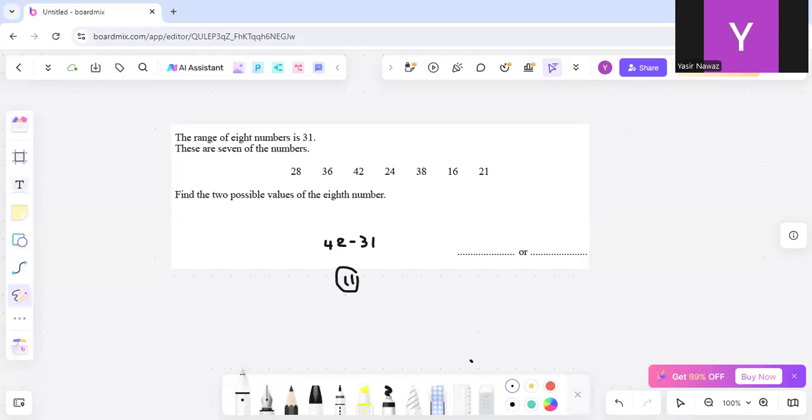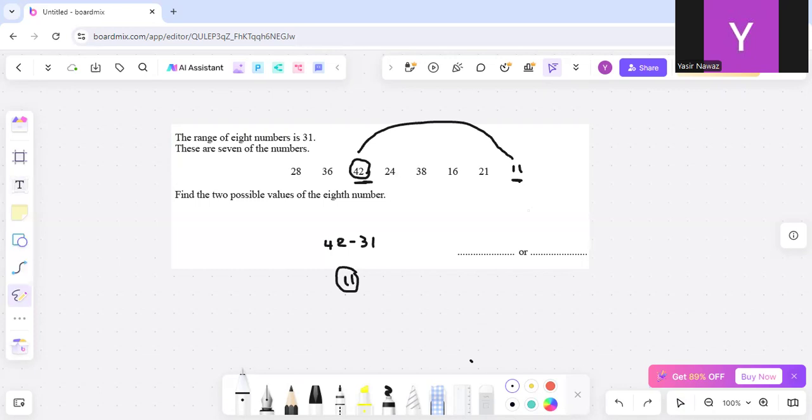So if 42 is the largest number, then one of the possibilities is that the number would be 11. Because when you subtract the smallest number from the largest number, you will get the range as 31. So one possibility of the eighth number is 11. Because if the number is 11, then from these 8 numbers, the range would become 31.